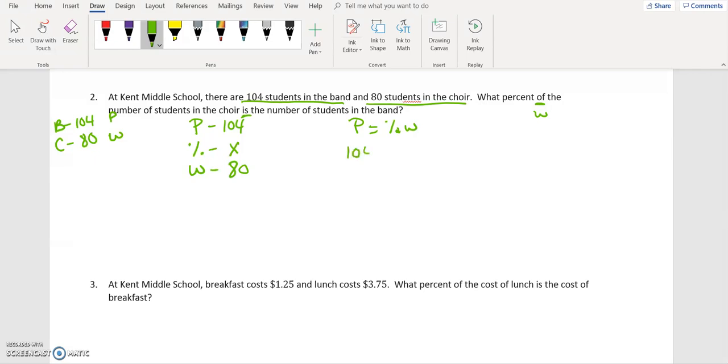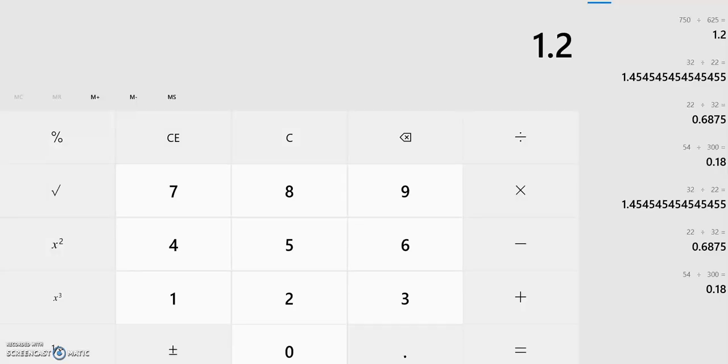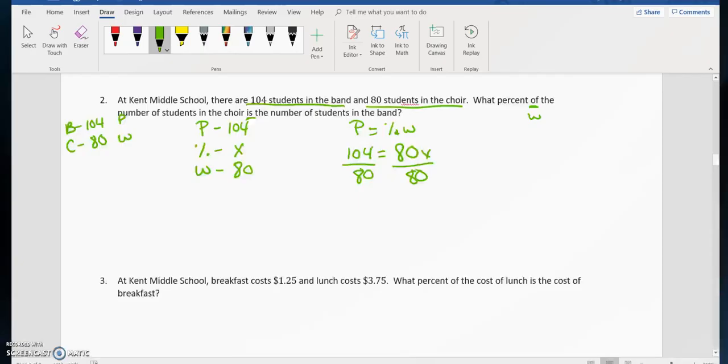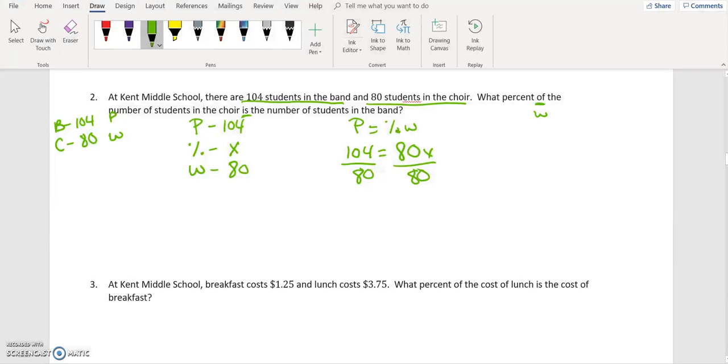So 104, we're just plugging it in, is equal to, and I'm going to go ahead and put it in the correct order there, 80x. Divide both sides by 80 to get our variable by itself. And so I have 104 divided by 80, which is equal to 1.3. 1.3 is equal to 80 divided by 80 is 1x.